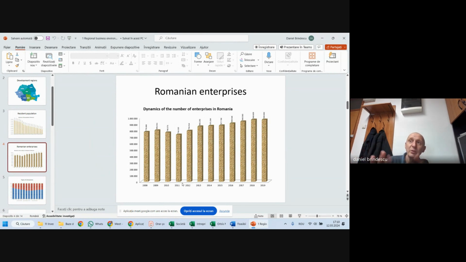And that's about it, without associations or foundations, so NGOs, but enterprises. Now the number of enterprises has increased, and we probably are at the point of reaching 2 million, almost 2 million. I will show you more recent data.